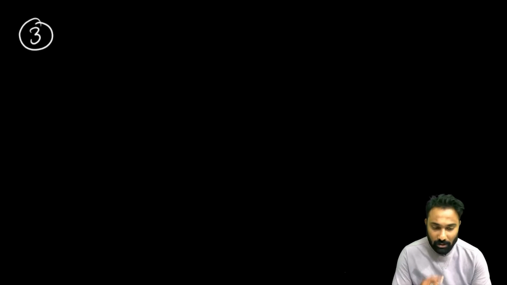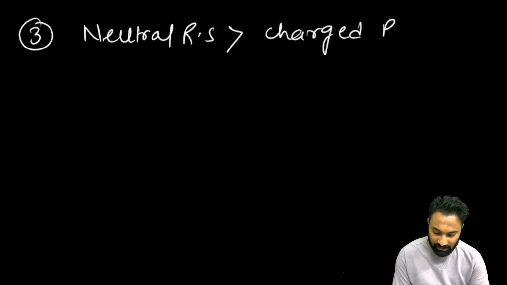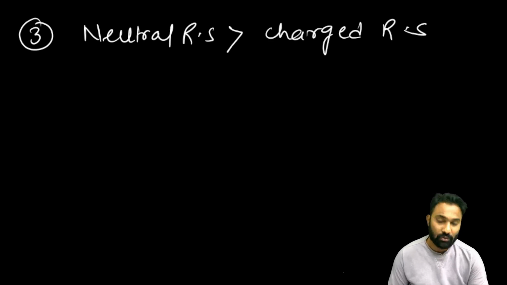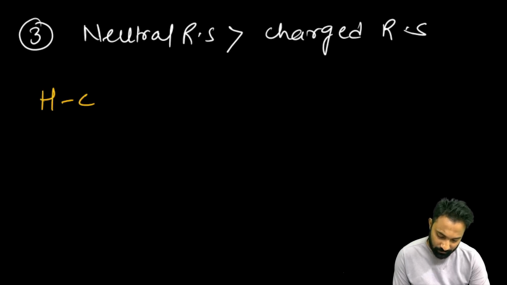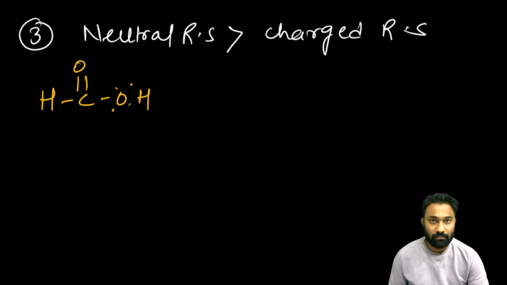Now the third point: a neutral resonating structure is greater than a charged resonating structure. Sir, what is the meaning of neutral and charged resonating structure? Neutral resonating structure means, if you take formic acid, now this formic acid is neutral.